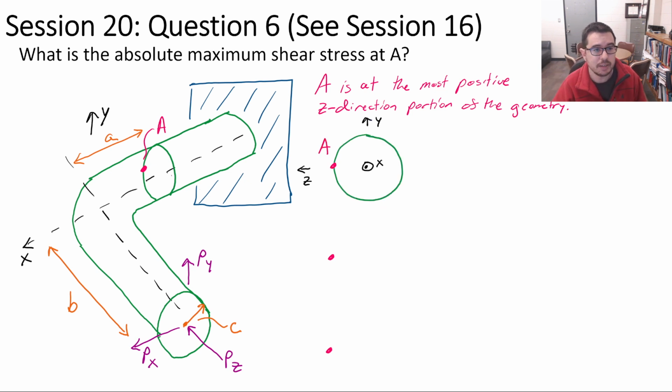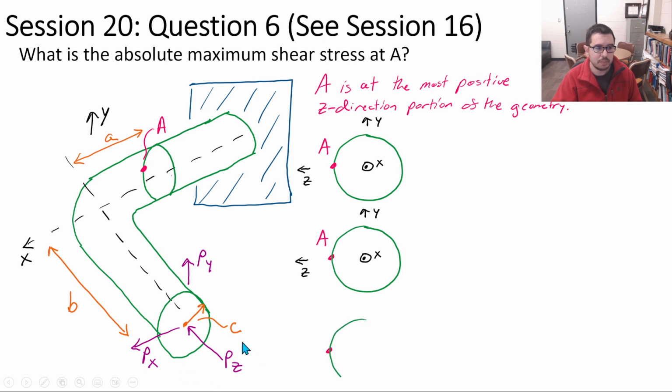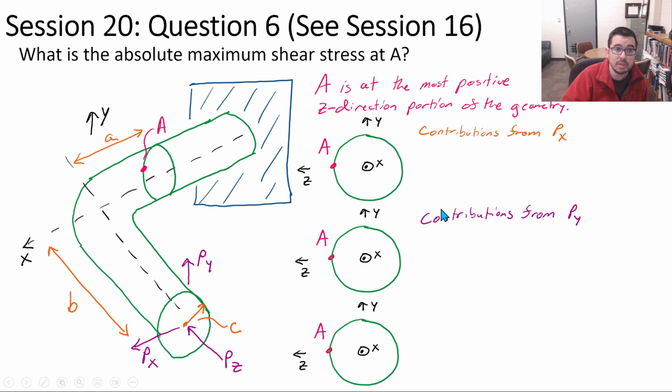If you go back to session 16, you can look at the contributions of these different forces, Px, Py, Pz, onto these different representations at A, where A is on the side.